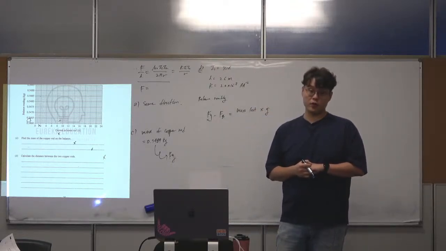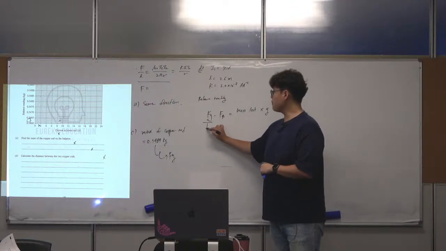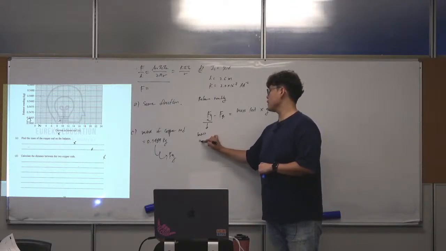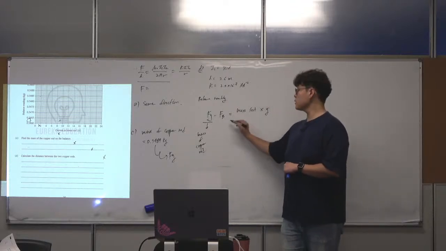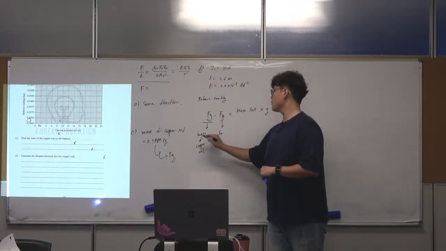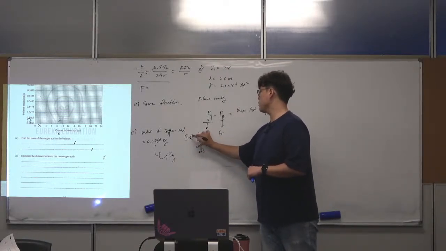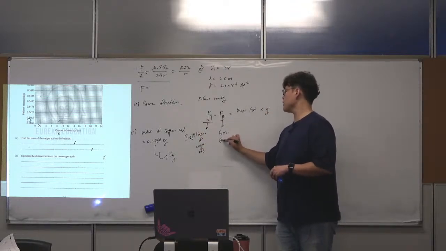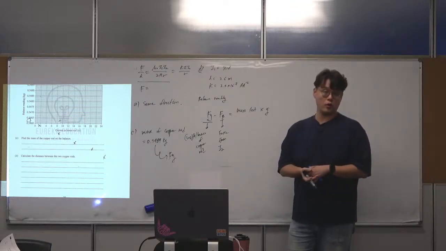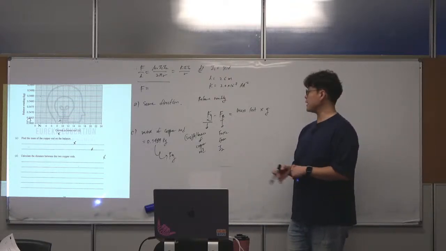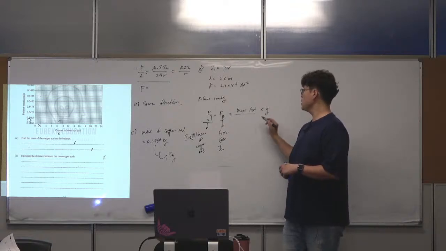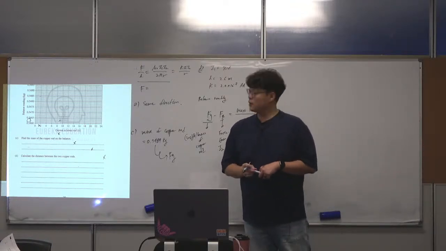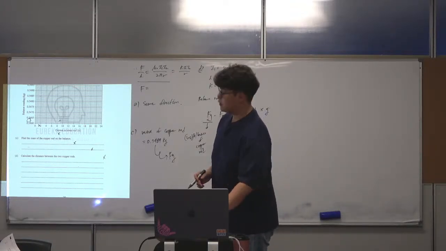Does it give you a clue? This is the mass from the actual mass of the copper rod. This is the force from the weight. This is the force from the magnetic field, from the I2. Does it give you a clue? That means it's giving the mass lost times g, which is found from your gradient value.